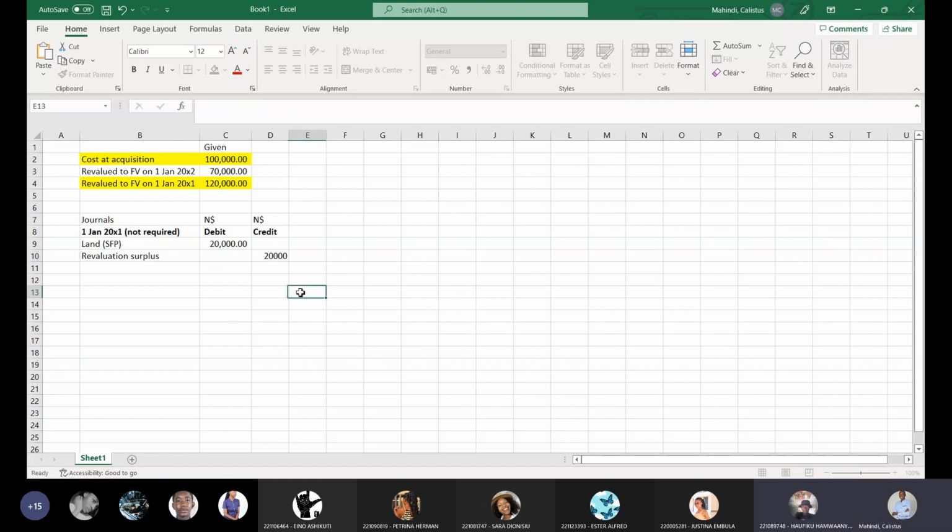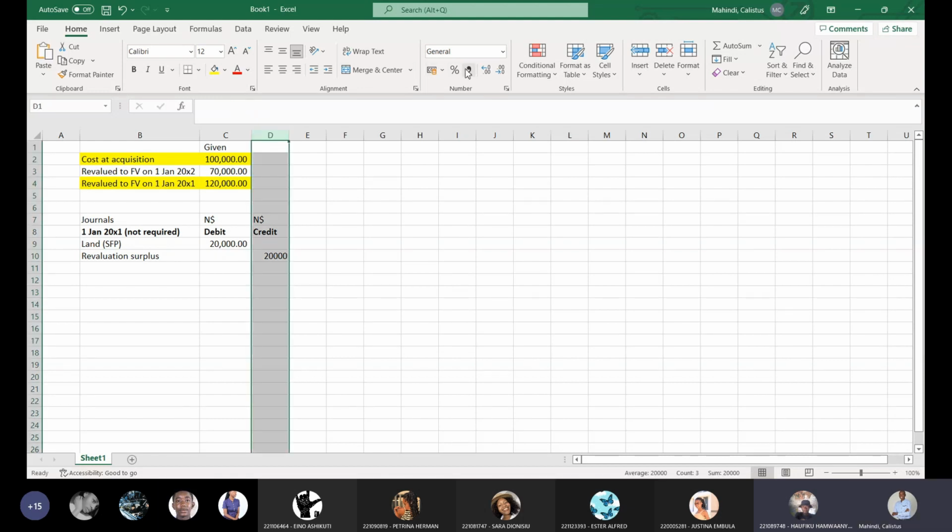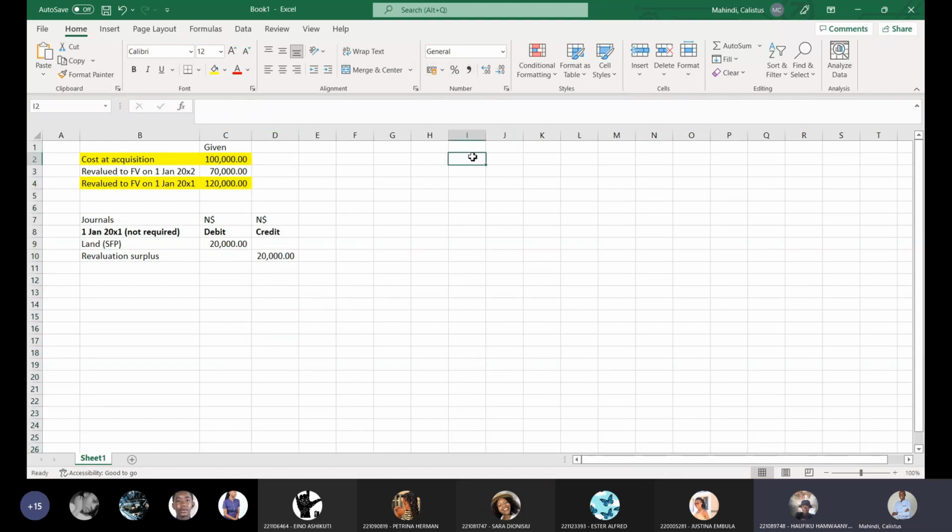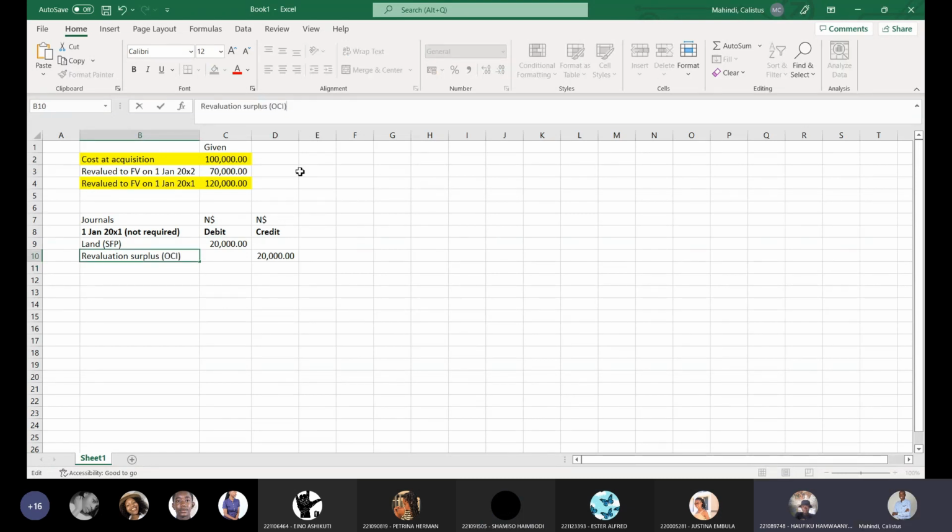Now revaluation surplus, where would we place the revaluation surplus? Under other comprehensive income, OCI. And then we can just put our narration. That's the revaluation of land on 1 January 20x1.